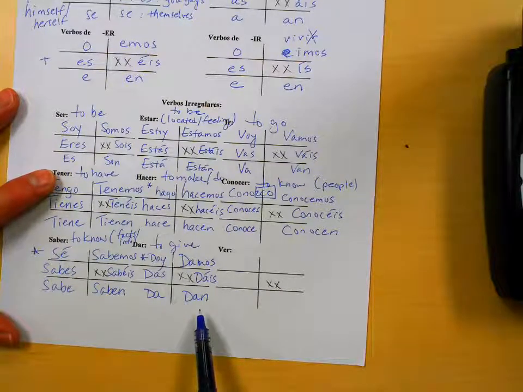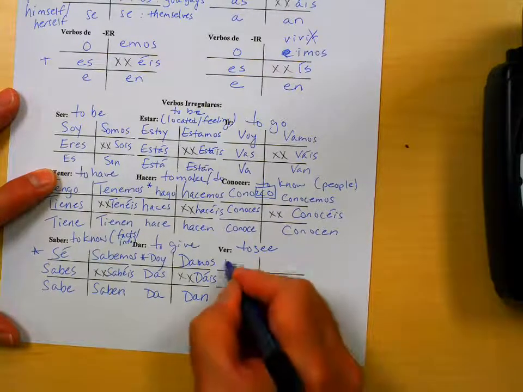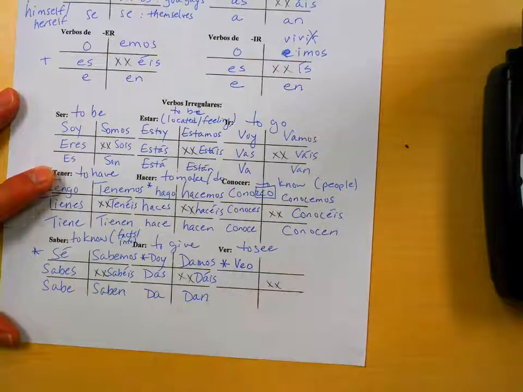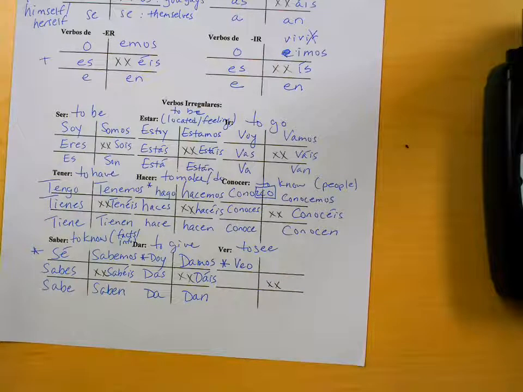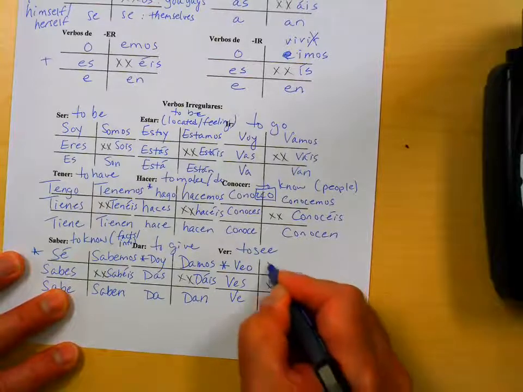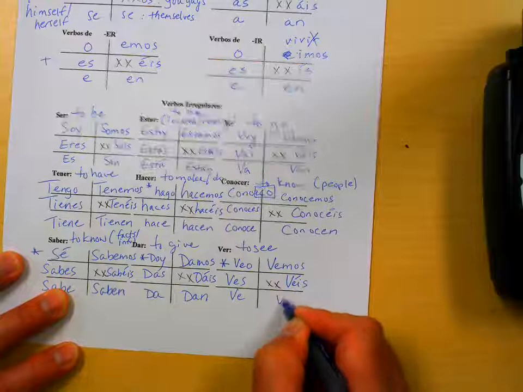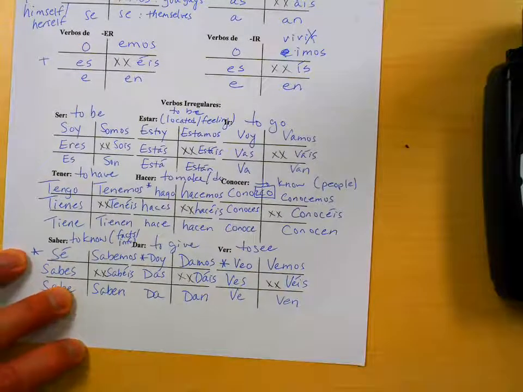Pretty normal after that, just weird in that yo form. And ver is our verb to see. Don't forget the yo form keeps that E in there, it's veo. And then after that, it's normal. Ves, ve, vemos, veis, and ven.